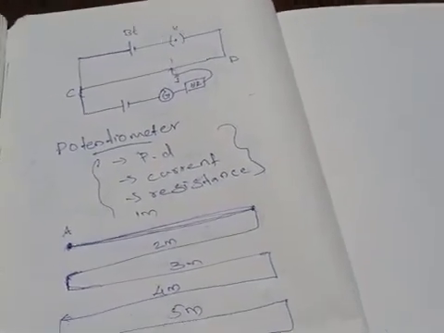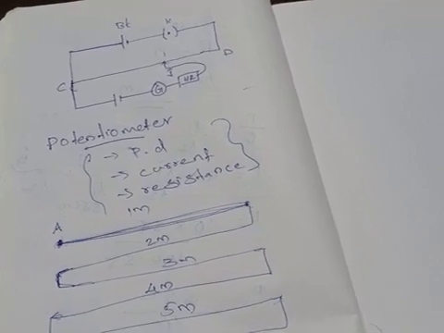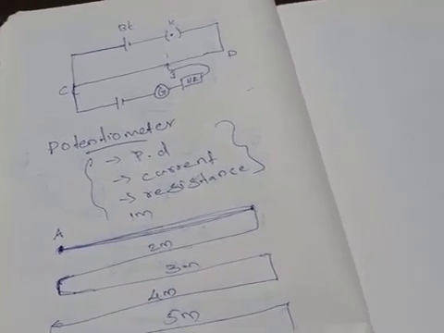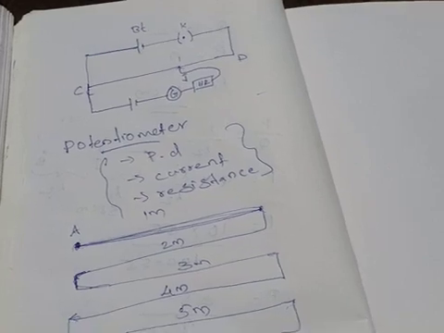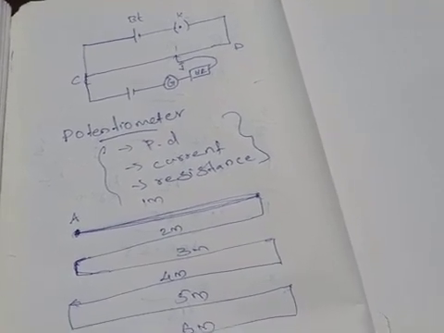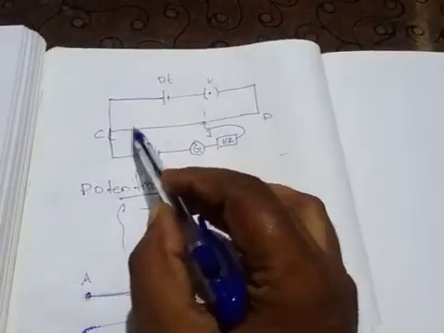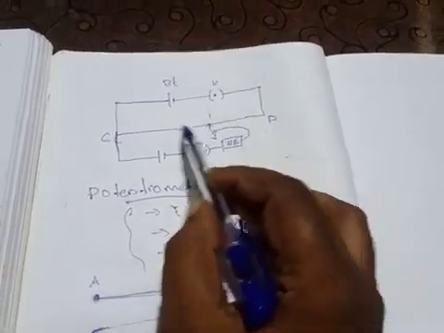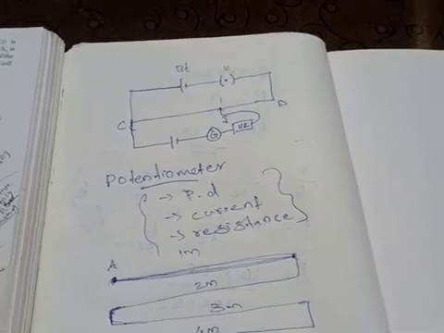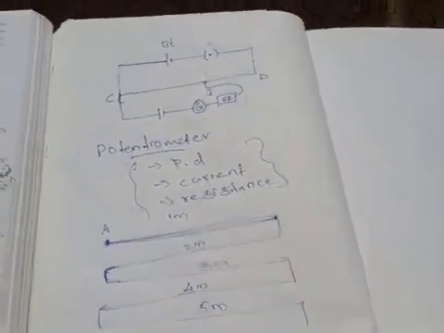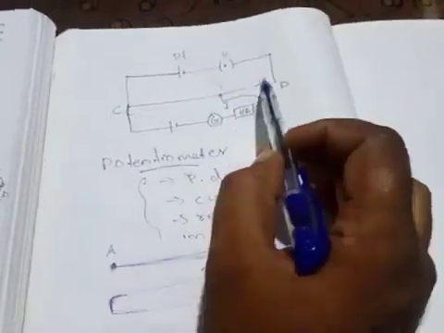The next thing is, what is the principle? Let us see what is the principle of this potentiometer. The first thing is, assume that some current is passing through this wire CD. CD means any of these rows. You can take the example given here as CD.